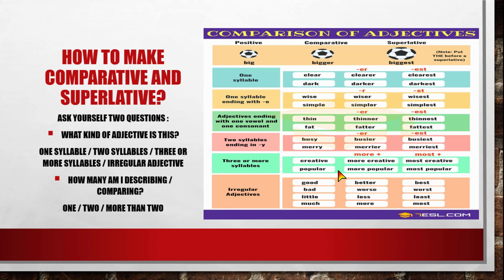They are regular adjectives. But what about the irregular adjectives? The ones that are not following this rule. The ones that are just not ordinary adjectives. These adjectives you need to memorize. There is no rule here.